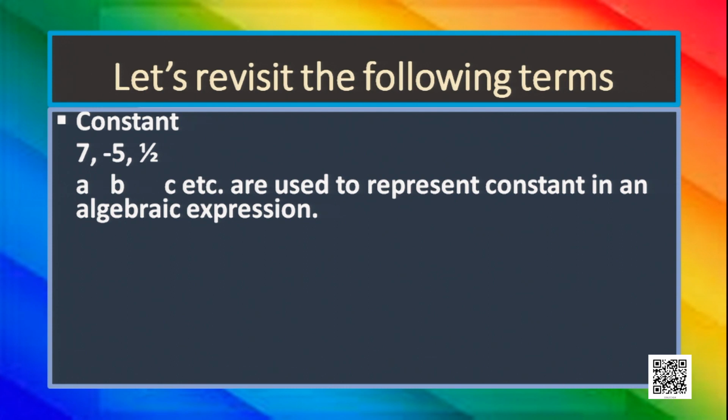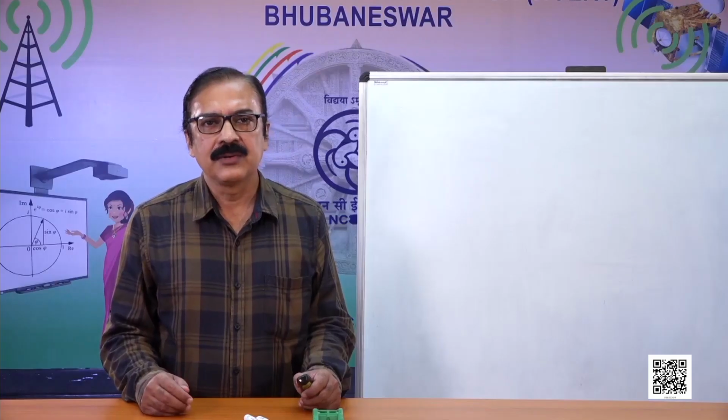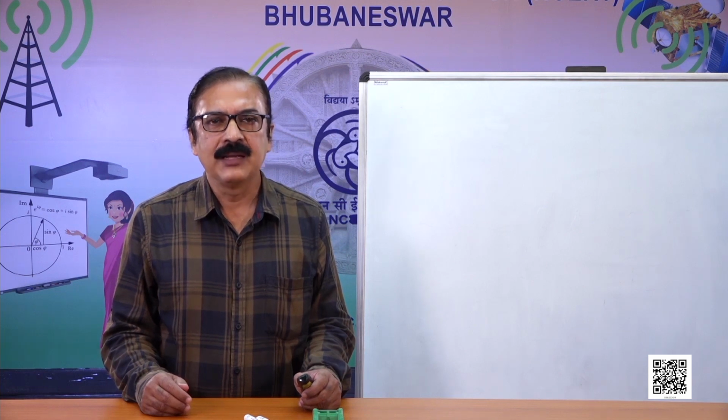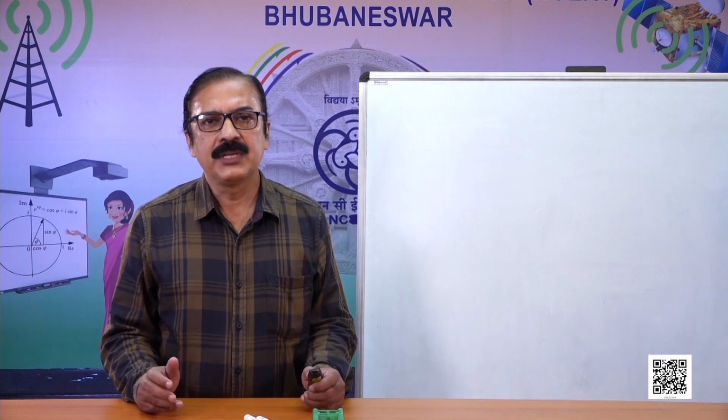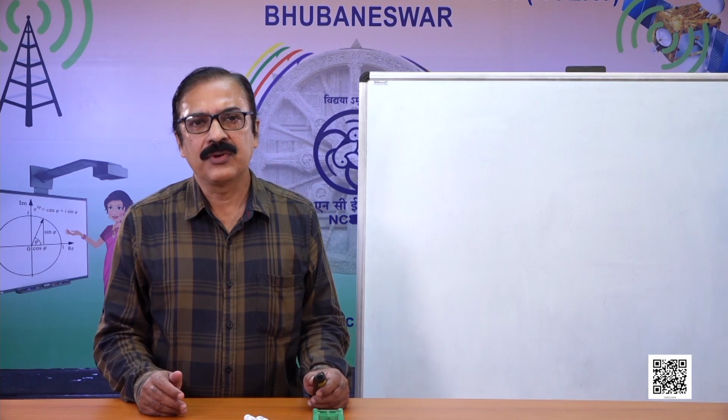These are also used to represent a constant. They are not actually constants, but they can represent some constants in algebraic expressions, as we studied earlier in polynomials, the coefficient of x, coefficient of y as a, b, etc. So these letters can be used as constants in some cases.